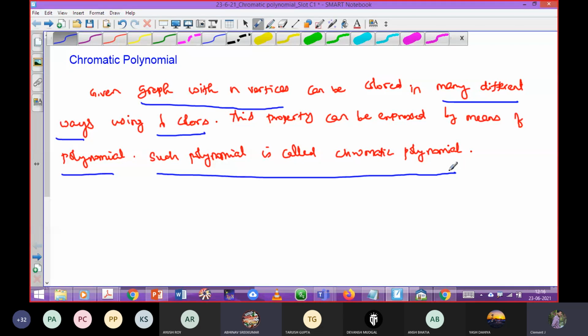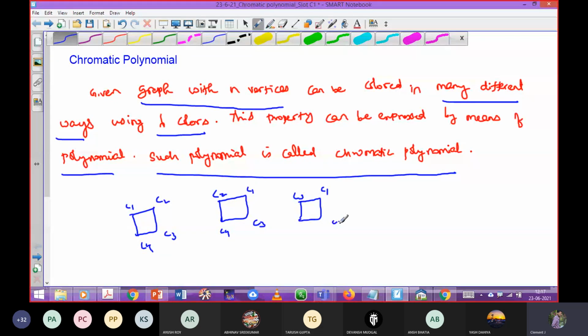Yes, sure. See here, you may have one arrangement like C1, C2, C3, C4. I can even color this like C2, C1, C3, C4. One more like C3, C1, C2, C4. So I can arrange this in plenty of ways.